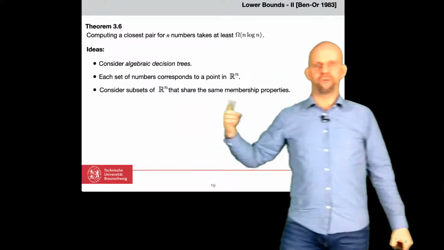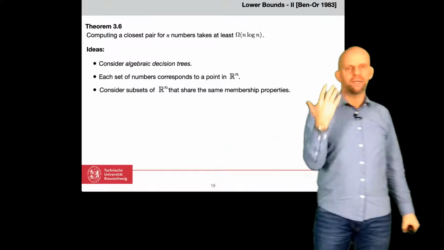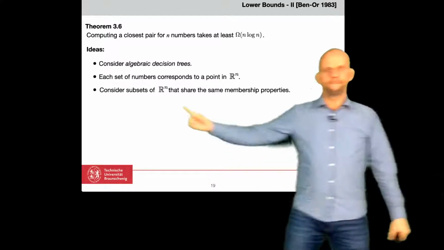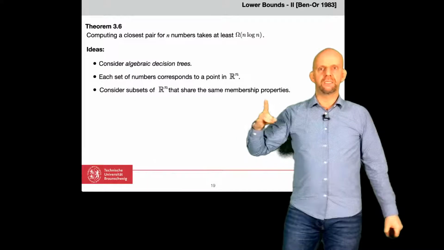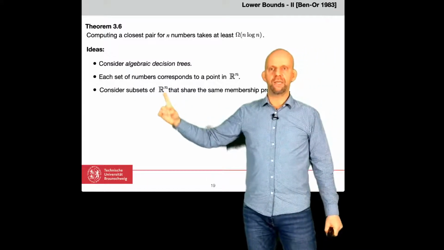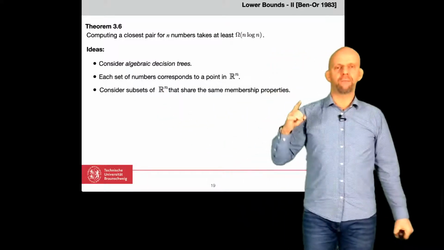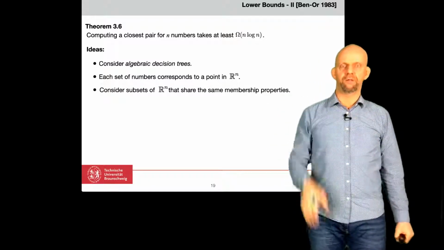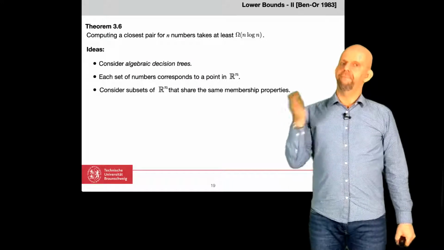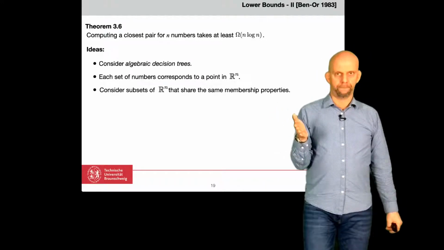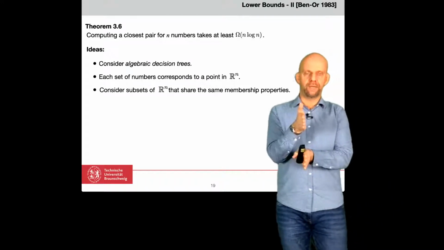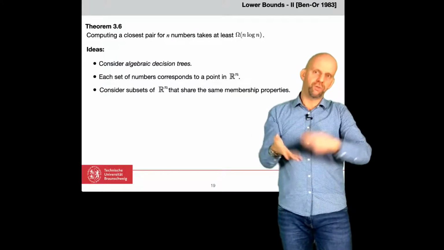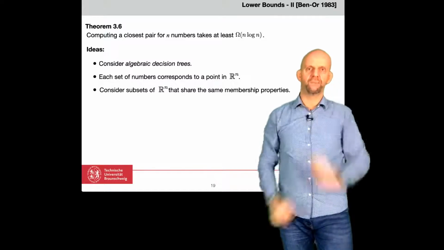When you have a property like these are n distinct numbers, then you can look at all subsets in this higher dimensional space which share the same membership property. For instance, they're all distinct. And what are point sets in this high dimensional space where they're not all distinct? For instance, a hyperplane where something is the same.